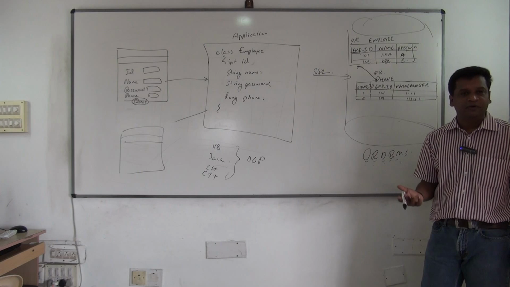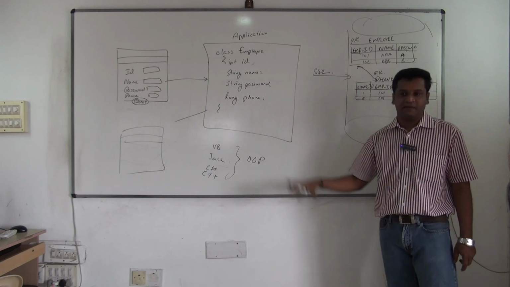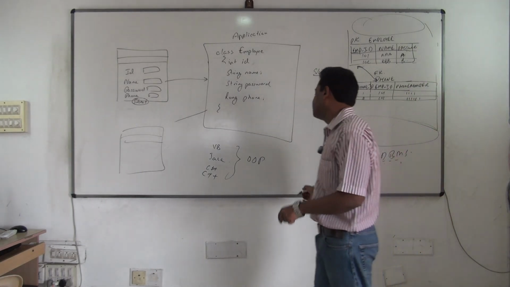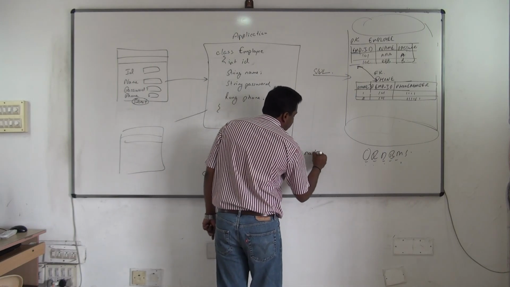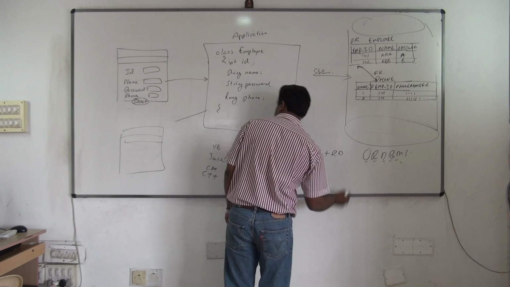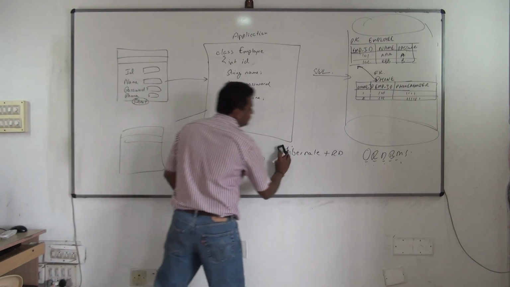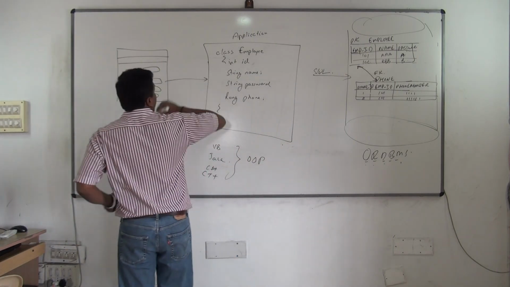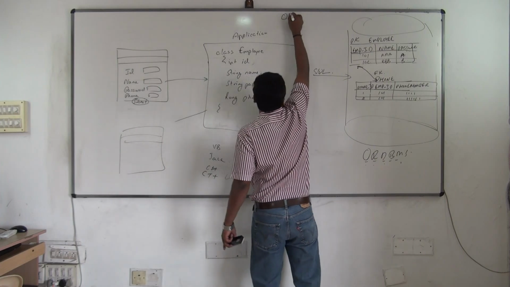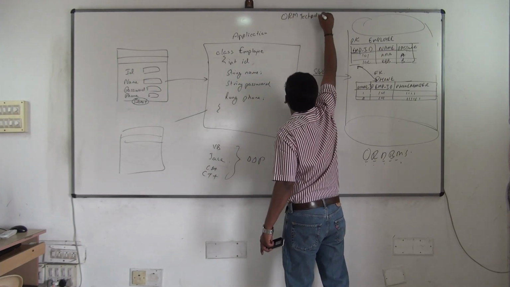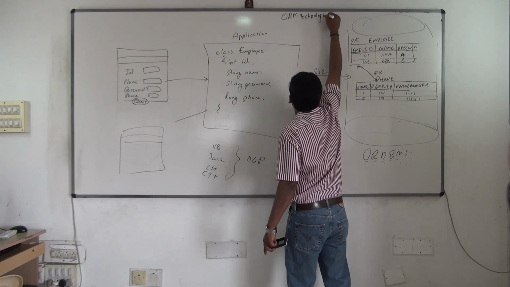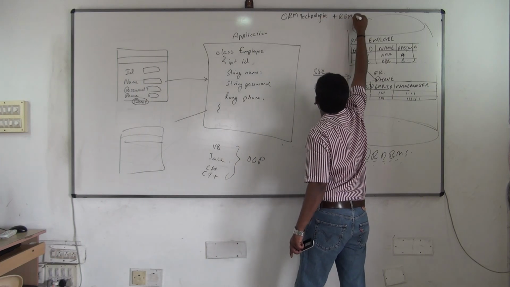That is why in Java they have introduced a library. The best combination we have in Java is a library called Hibernate. In Java we use something called ORM technologies plus RDBMS.